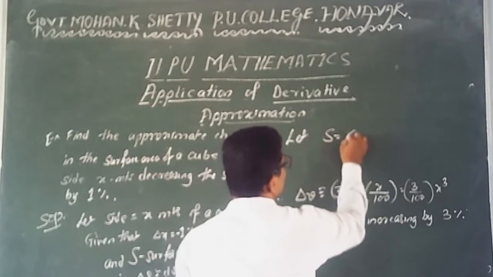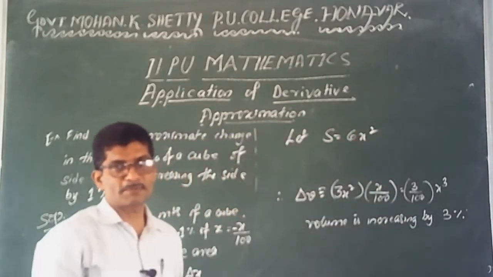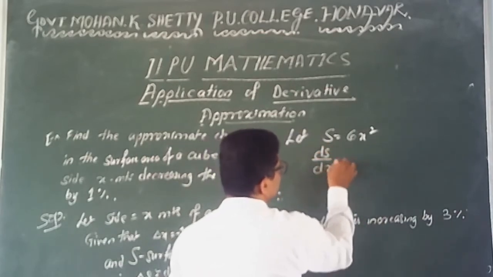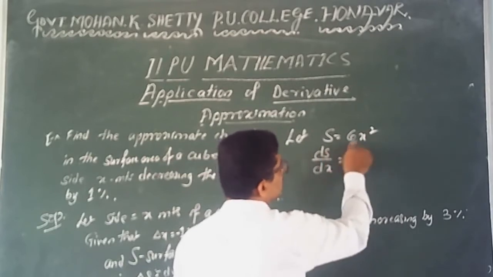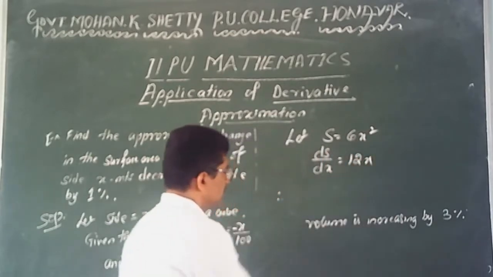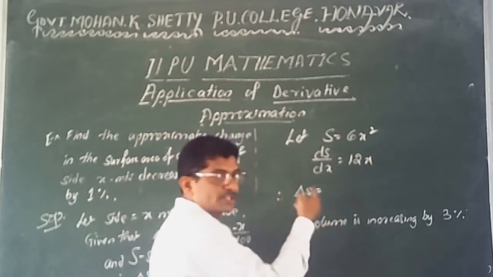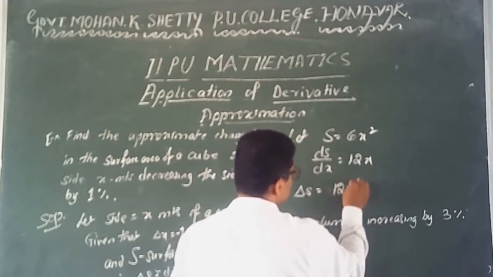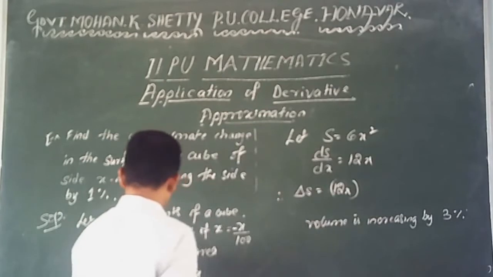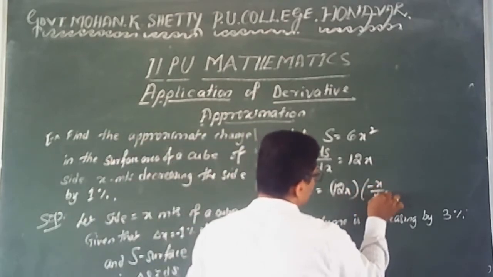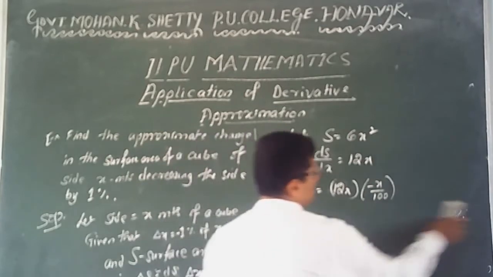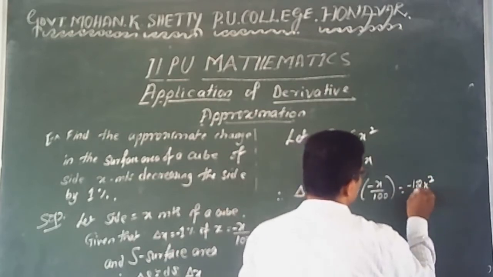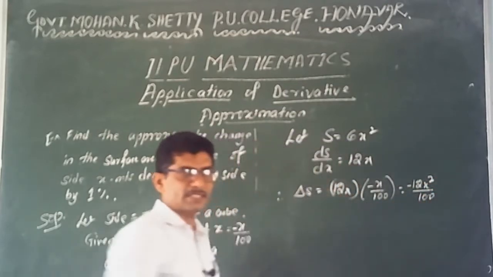Surface area S is equal to 6x square in a cube. Remember the formula. This value changes with respect to the side, decreasing, which means a uniform change. The derivative of 6x square is 12x. Therefore, the approximate change of surface area, ds upon dx, is 12x into the change of minus x divided by 100. Plus into minus gives minus 12x square divided by 100 square meters.